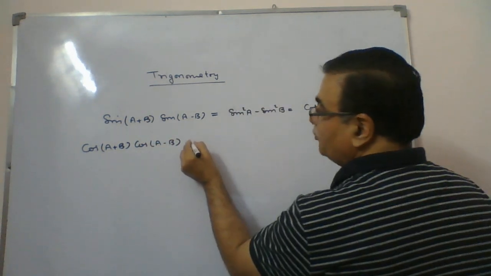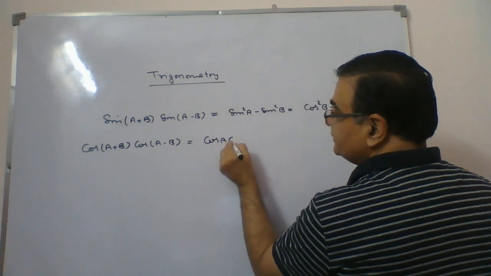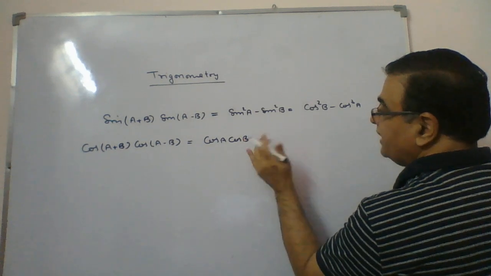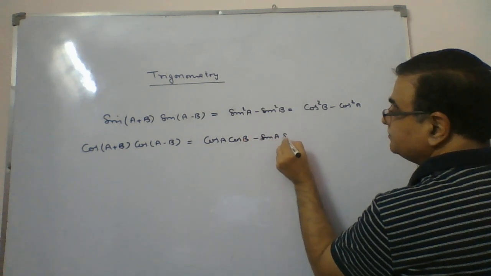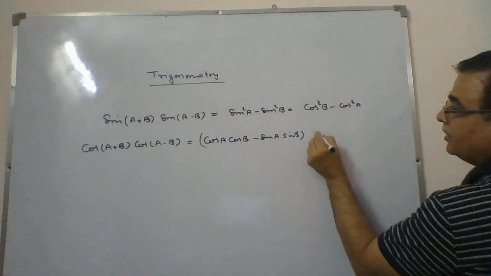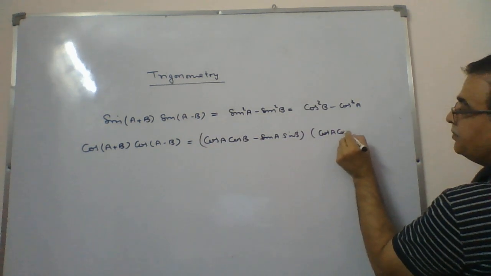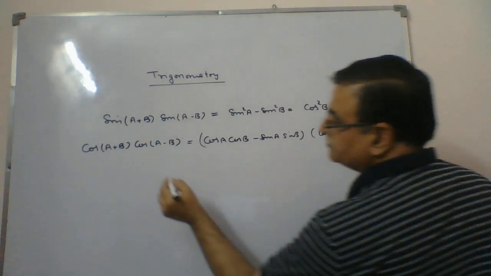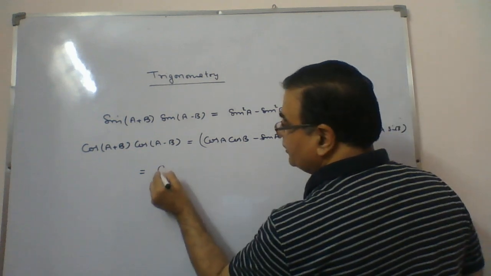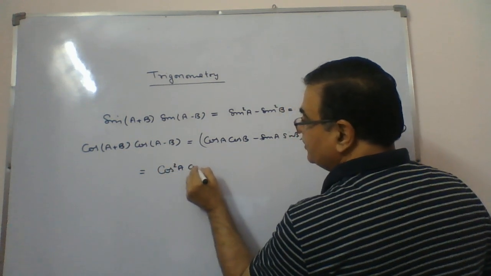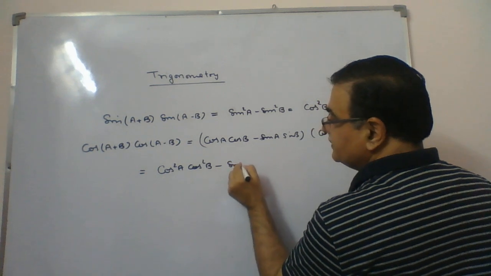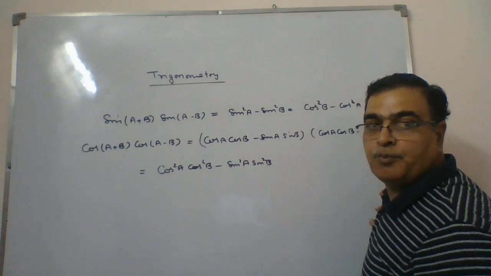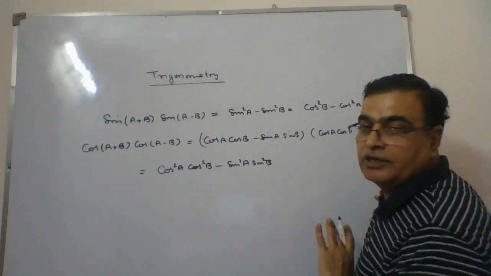When you apply this formula, it will come out to be cos A cos B, we are creating the formula first, minus sin A sin B, into cos A cos B plus sin A sin B. Now when you solve it, it will come out to be cos square A cos square B minus sin square A sin square B.